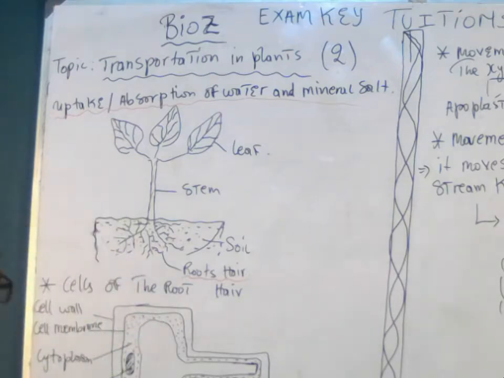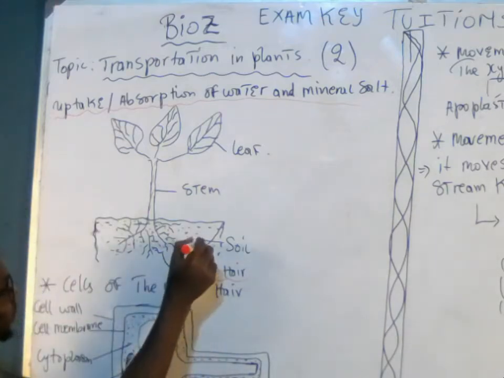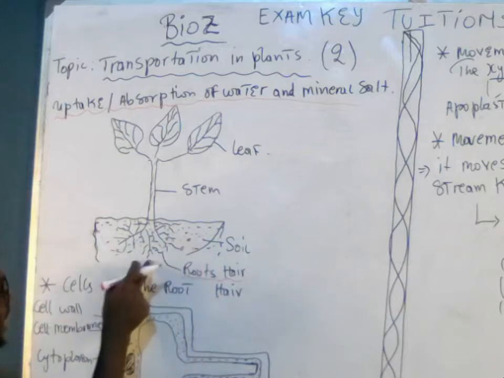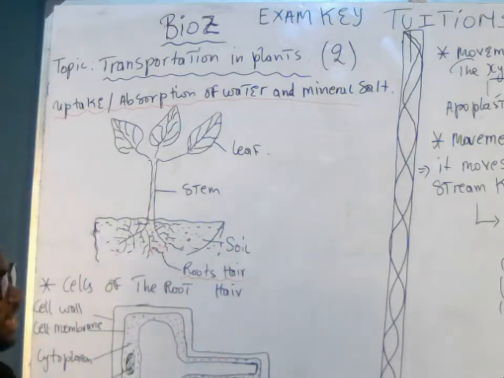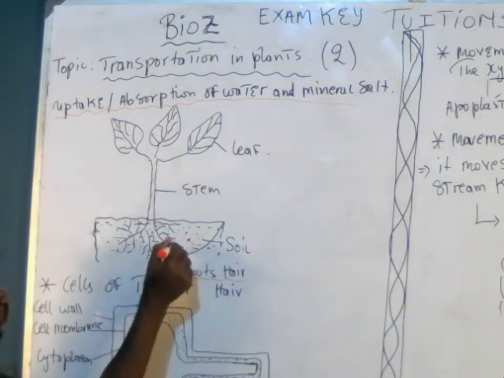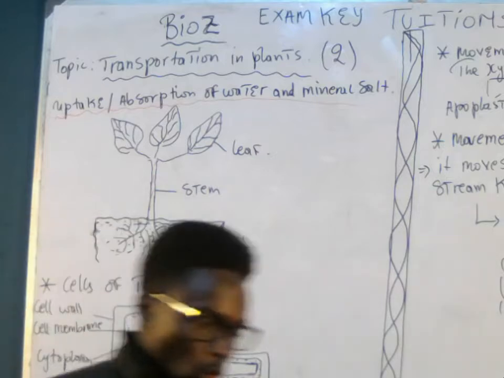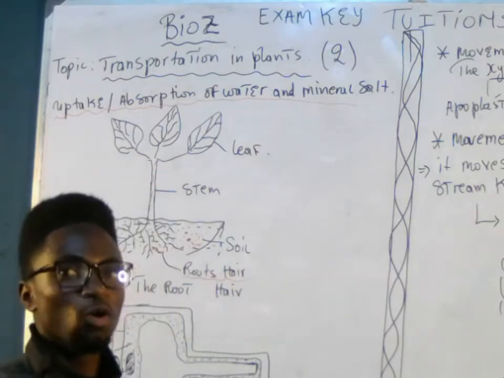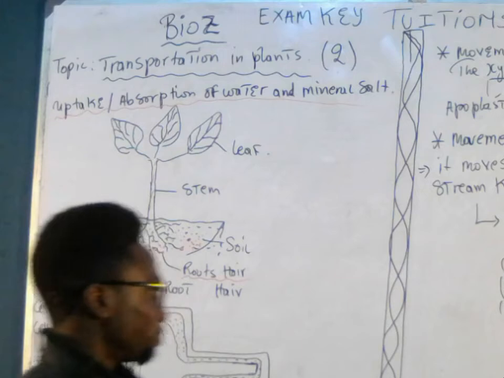Water is more concentrated in the soil than in the roots, and that gives water the reason to move to the root hair, where it's lower concentrated. That's how osmosis takes place.